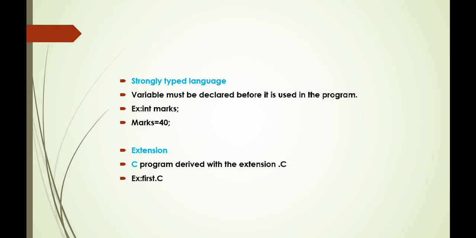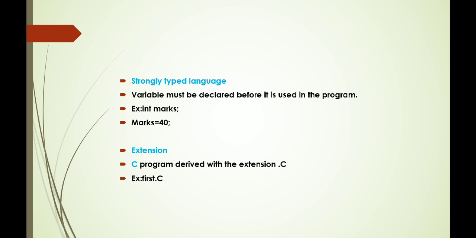Next, strongly typed language. In C, if we want to write a variable, it should be declared before it is used in the program. For example, if we write only marks = 40, as you can see here, then we will come across a syntax error.